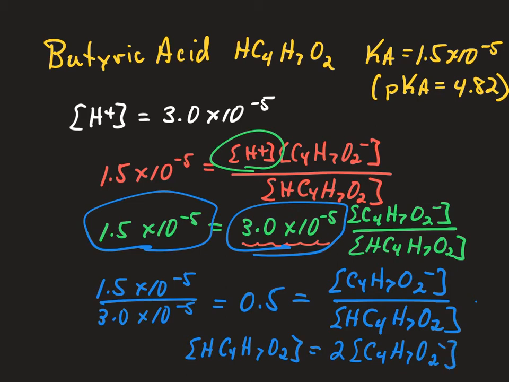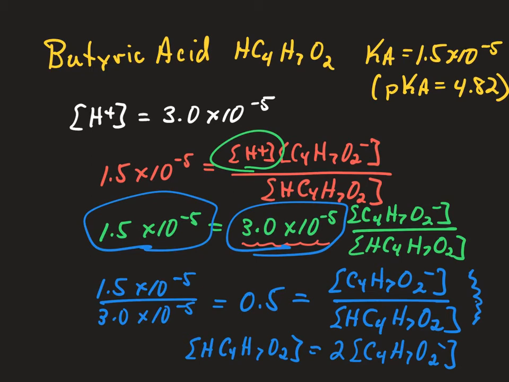We know that ratio. Then all we have to do is find one or the other, and we can find the other one. And so this gives us a quick way of determining this important ratio, okay? So there it is, worked using the Ka expression.